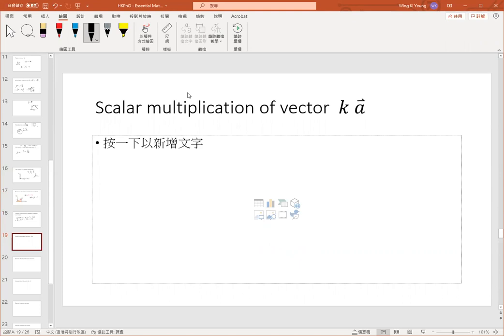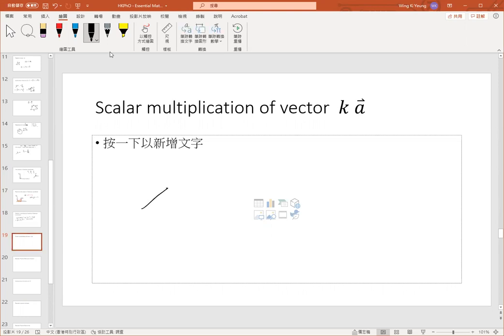Sorry, there may be four different vector multiplications, but we are going to learn just two of them. The first one is scalar multiplication. As stated by the name, scalar multiplication is just multiplying a vector by a scalar, just like kA.